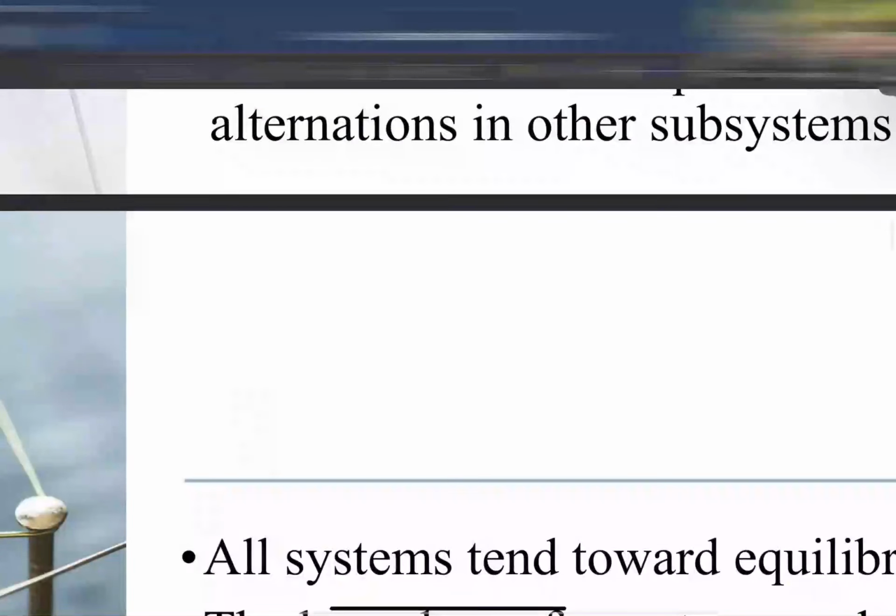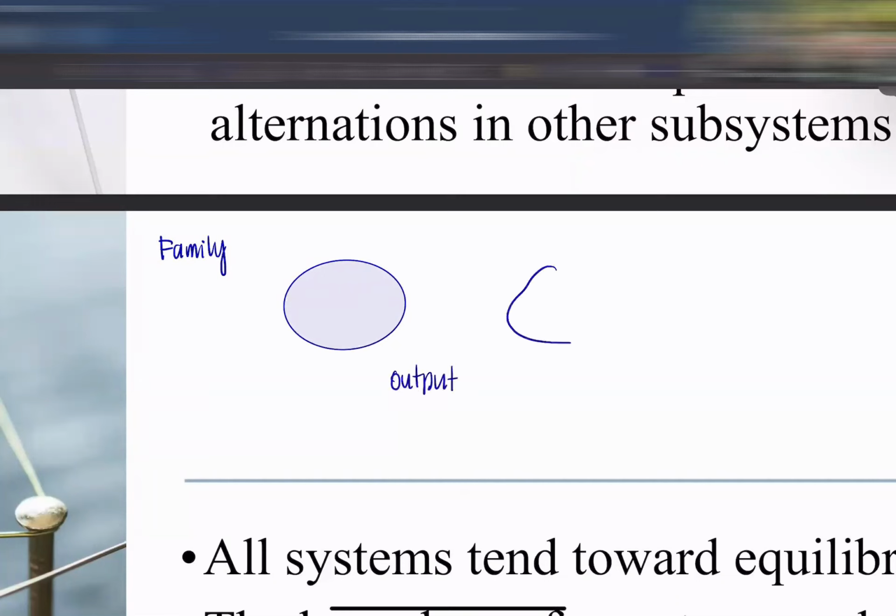Now, how would I give one as an example to that? So, for example, class, doon tayo sa family. Plus, sabi daw dito sa isang statement ni General Systems Theory is that the output daw of one system is the input to one. Okay? So plus the output of one system becomes the input to one. Now, let's think of our father. Let's think of our mother, okay, or whoever your household head is. They are working very hard.